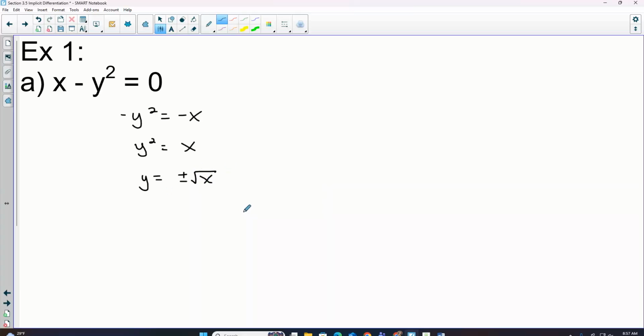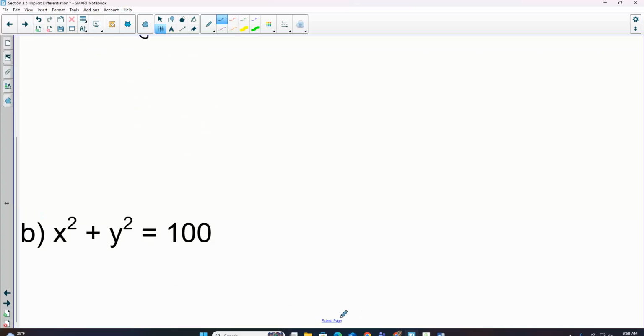So if we went through that process, then I can get it to be y equals, but there's a downside here. Because if I'm going to go and do the derivative of this, I technically now have two equations, right? So we would have to do both of them. Although it is good to practice our skills of solving those equations.